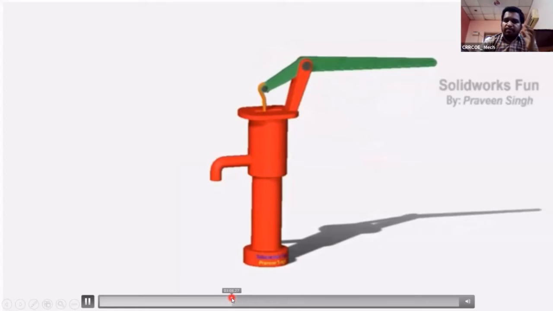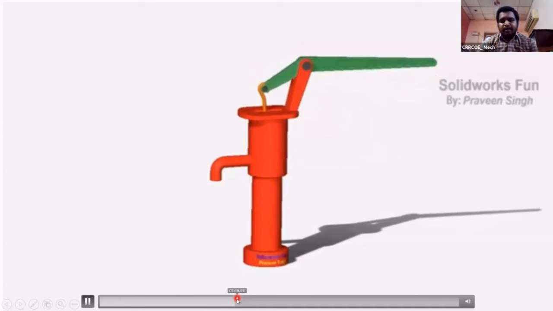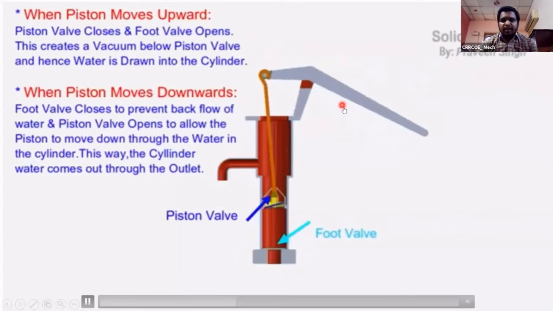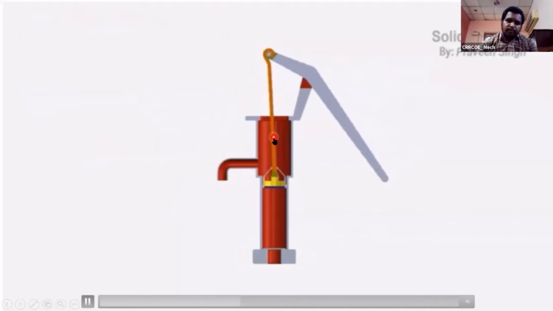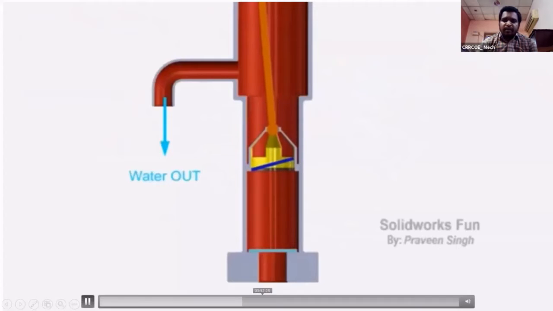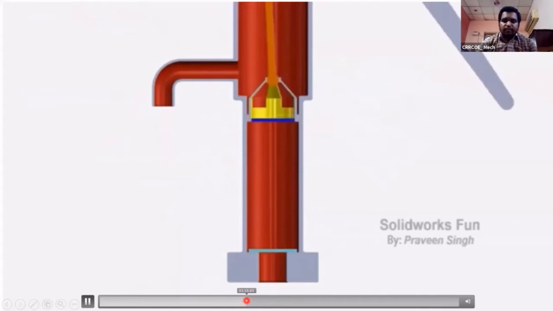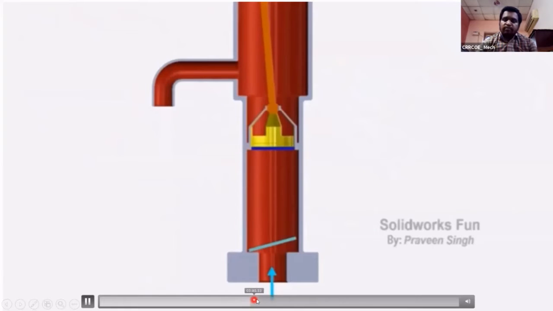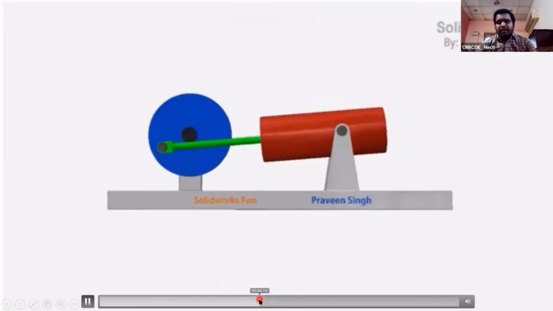The hand pump is one inversion of the crank and slider mechanism. This is the lever, this is the slider. This is also one inversion of the slider crank mechanism. One more inversion is the oscillating cylinder.